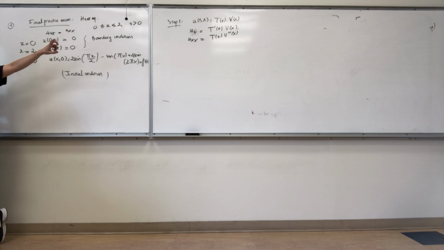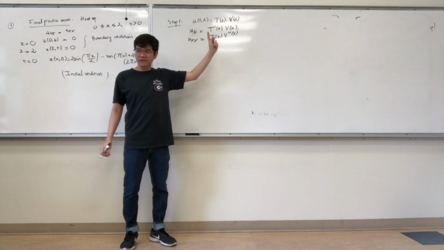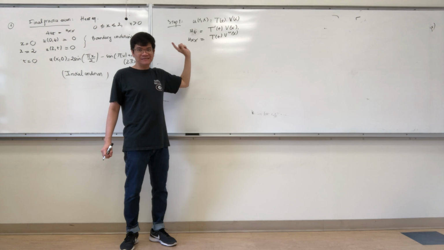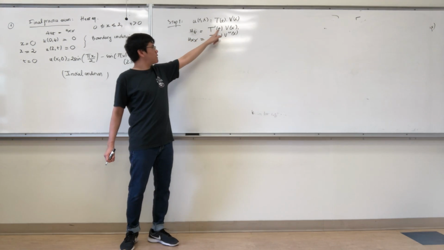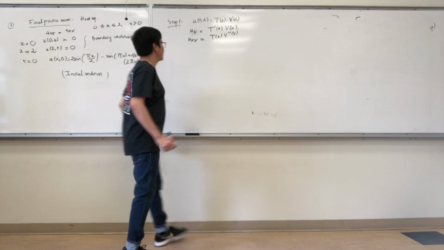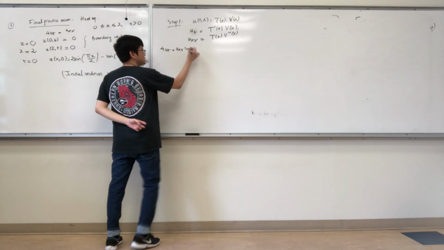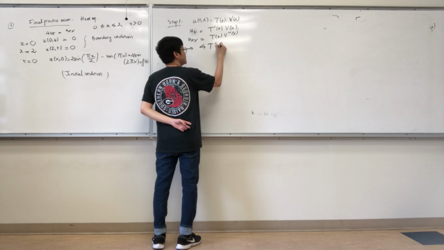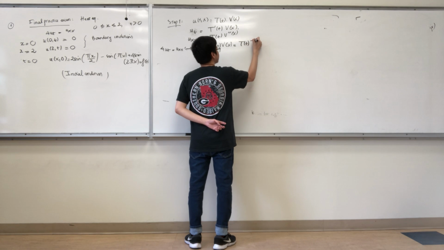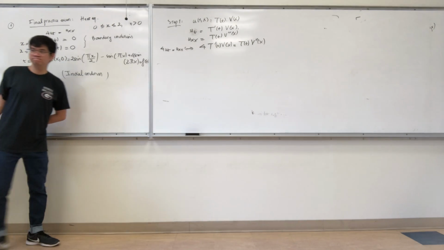After you suppose that the solution is separable, the product of a function of t and a function of x, you take the derivatives. So u_t = u_xx means T'(t) V(x) = T(t) V''(x), all right?